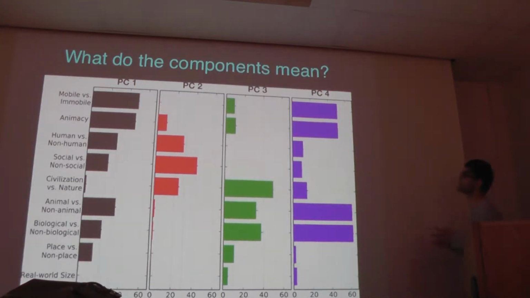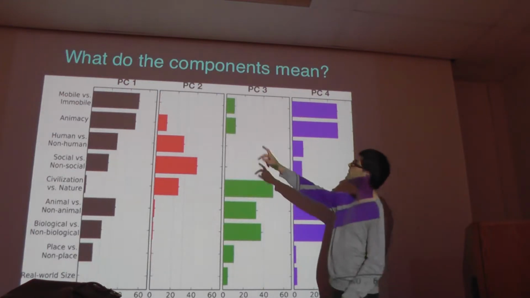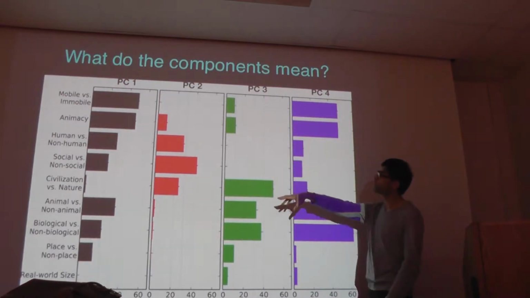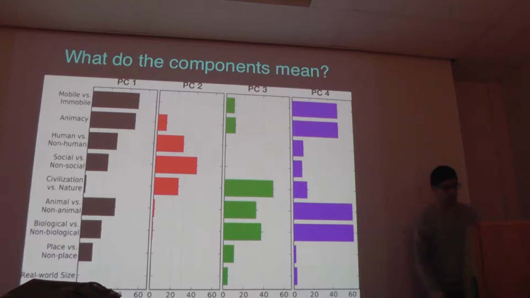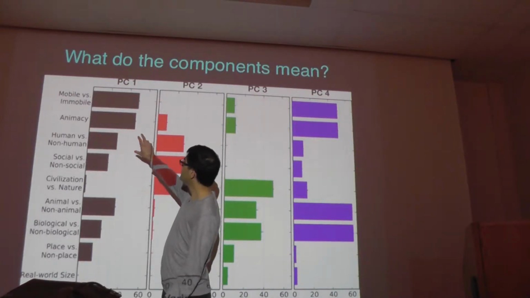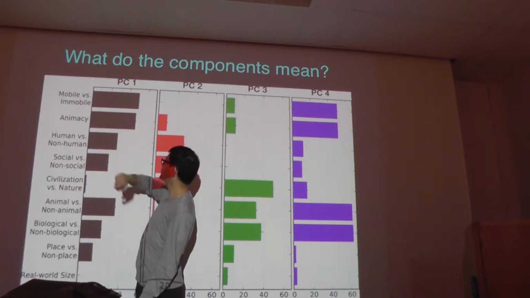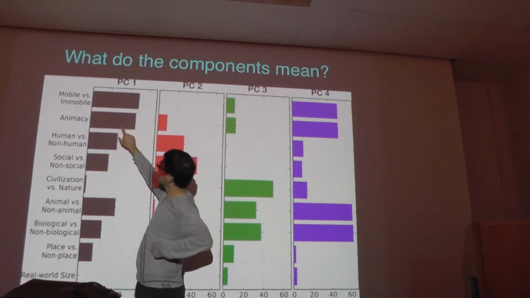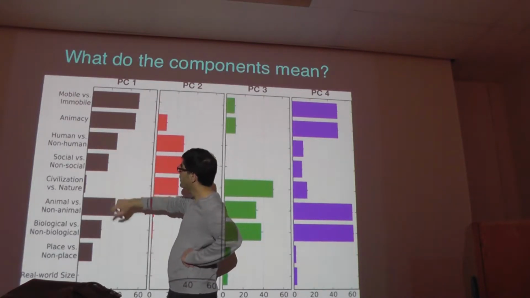But let's have a look at some of the things. These are the first four biggest principal components that came out from looking at the way the brain is representing meaning in this particular Huth and Gallant lab study. This one seems to be putting a lot of weight on whether something moves. Animacy means, does it move itself?